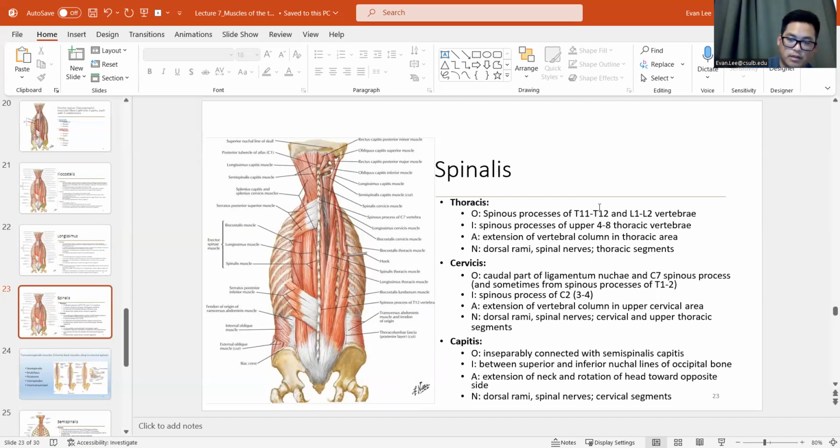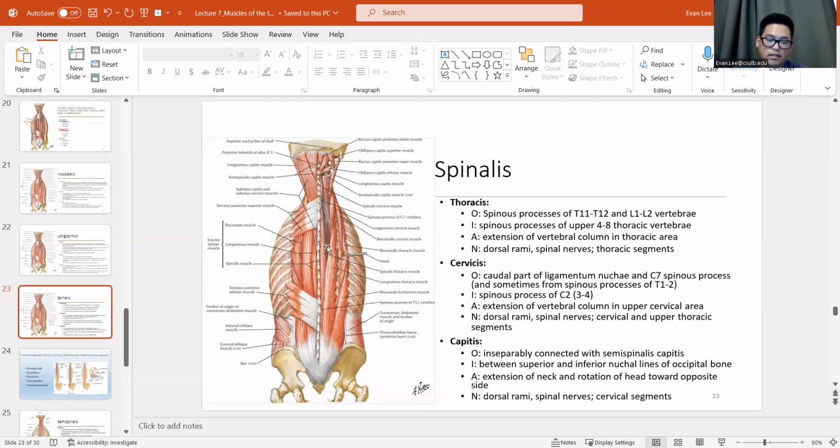So from spinous process to spinous process, and then also from the regions of the semispinalis, which is also along spinous processes, over to the nuchal lines of the occipital bone, all the way in the back over here. So the spinalis is going to be very, very closely associated, at least in the head region, with the semispinalis.